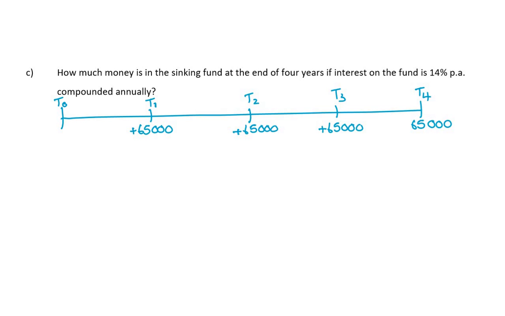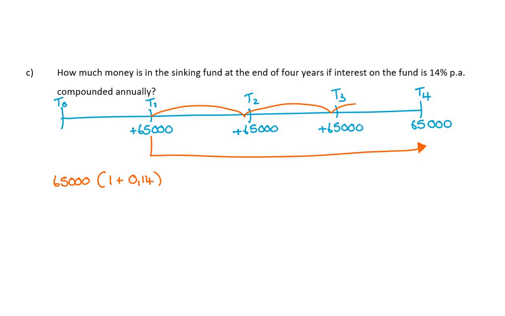Now we've just done timelines. So we should know that we can't add those 65,000s together until I find out what they're worth at the same time. So I need to find out what this 65,000 Rand is worth at the end. So that would be 65,000 Rand. My interest is 14% compounded annually, and that will be in the account for 1, 2, 3 years. Now let me look at my second installment.